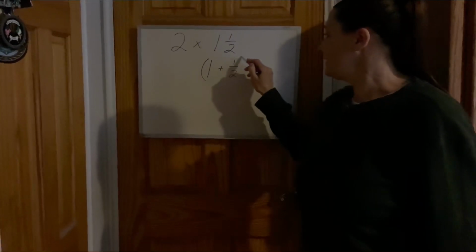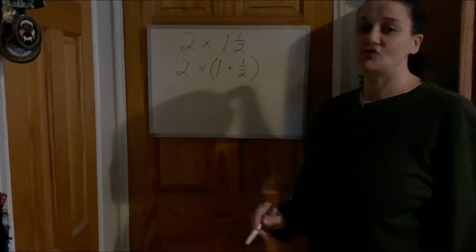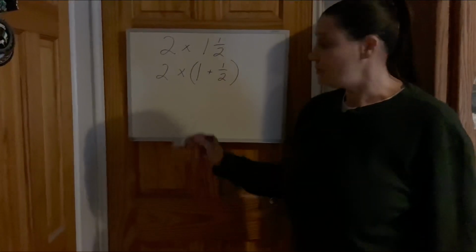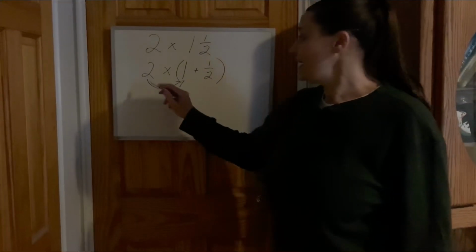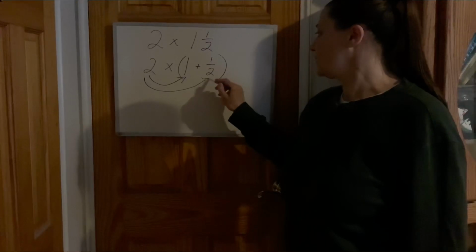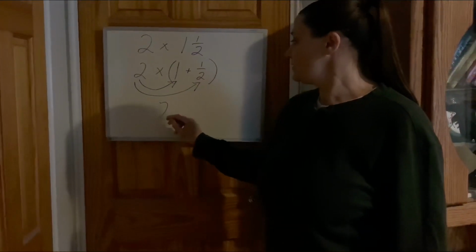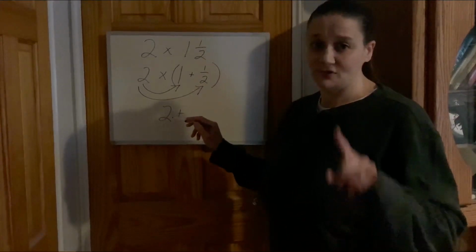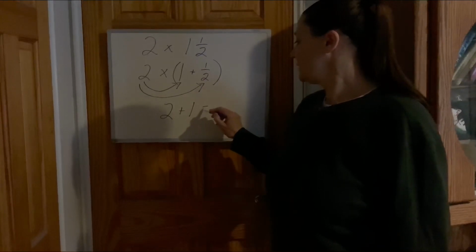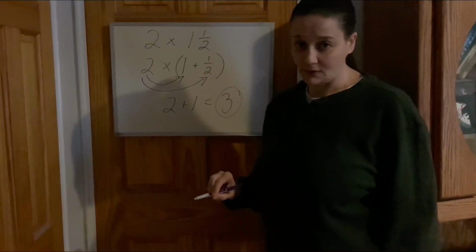So we write that as 1 plus 1/2, and then we can use the distributive property, which means you can multiply 2 times 1, and then you can multiply 2 times 1/2, and you can add them together. So 2 times 1 is 2, and 2 times 1/2 is 2 halves, or 1, and you still get the same answer of 3. Okay?